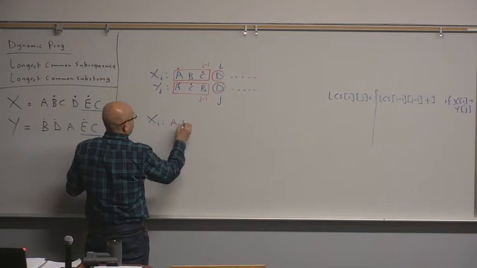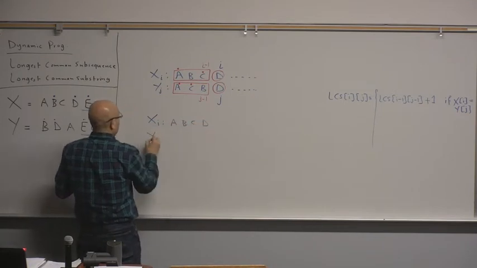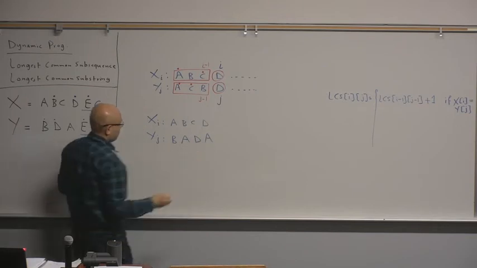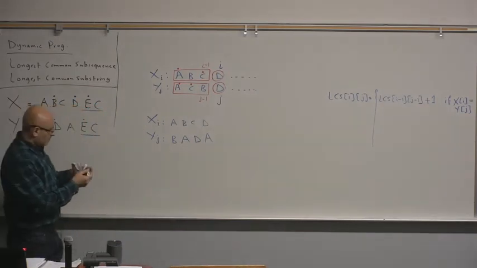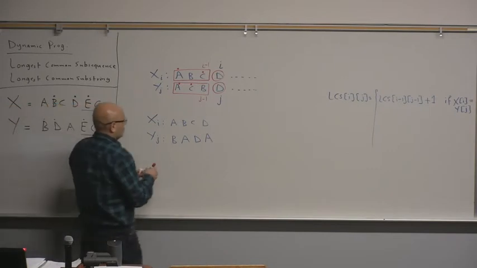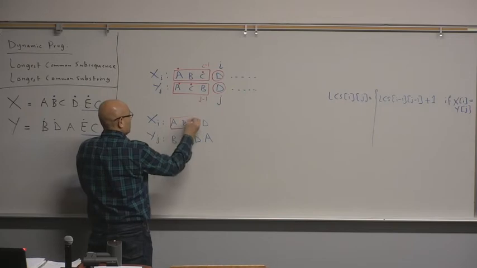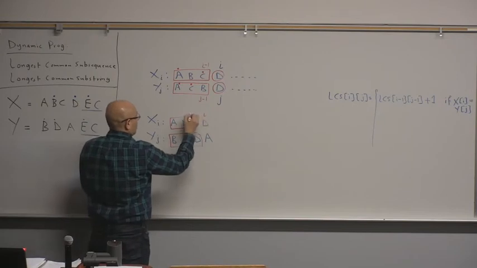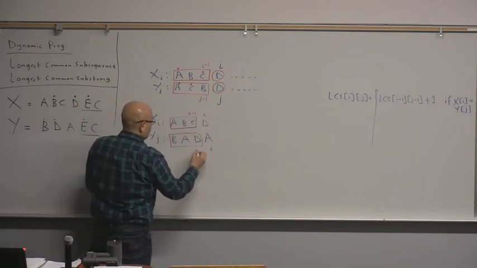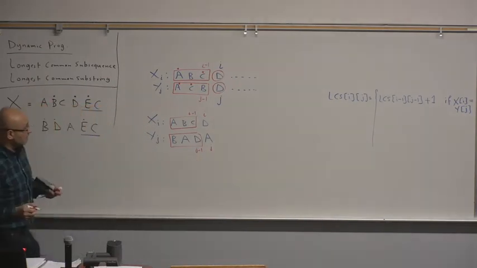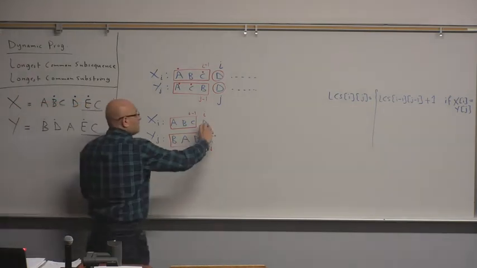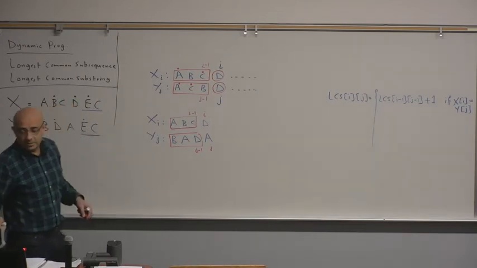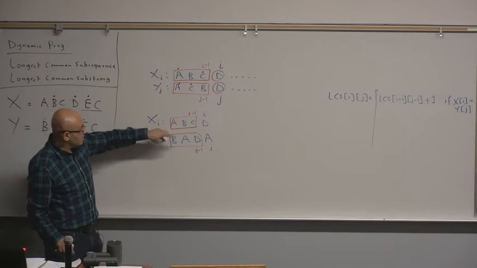X I equals A, B, C, D, and Y J equals B, A, D, A. Now, while we assume that we know the solution to this subproblem, the subproblem of the longest common subsequence between I minus 1 and J minus 1, if these are not equal, what's the length of the longest common subsequence between X I and Y J?